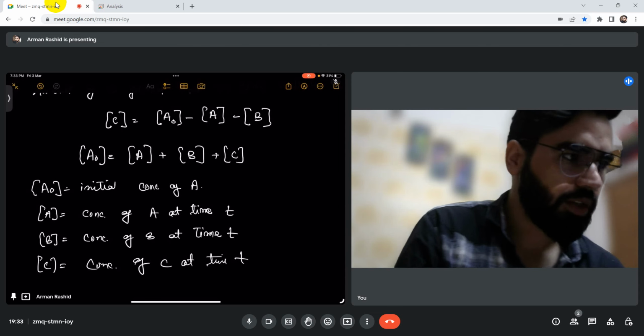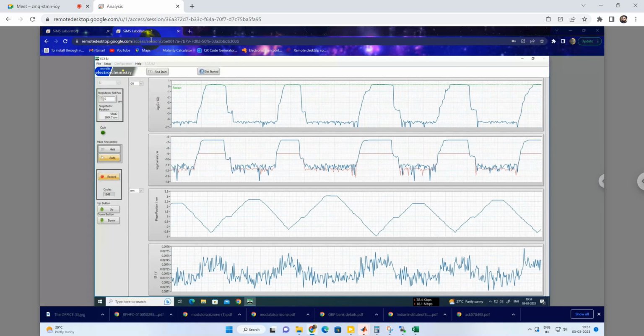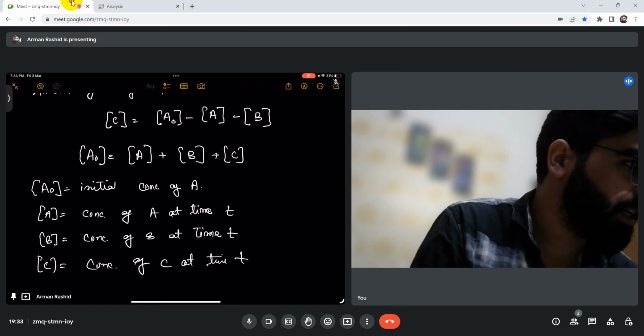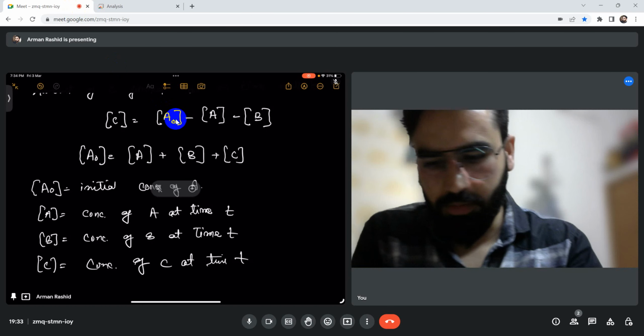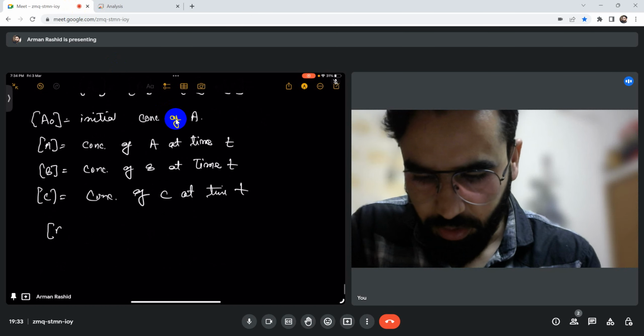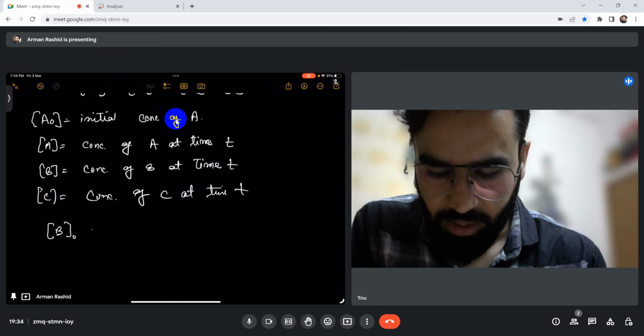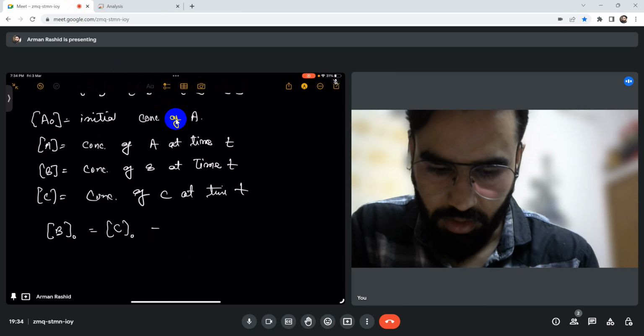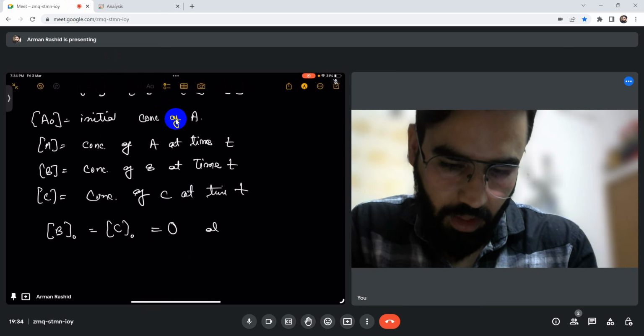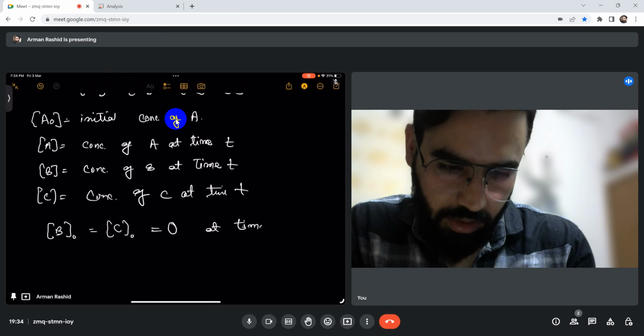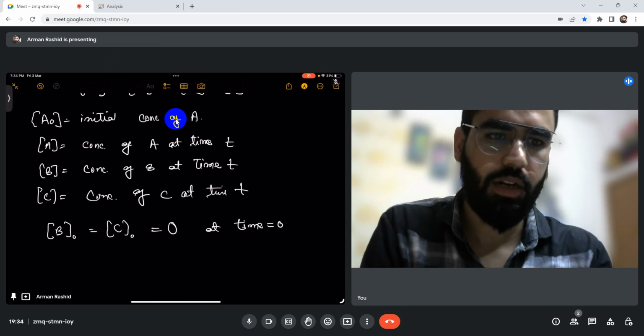We should also remember that at the initial time, since there is no B, the concentration of B when t is 0 will be equivalent to the concentration of C when t is 0. They will both be 0 at time 0, which is the start of the reaction.